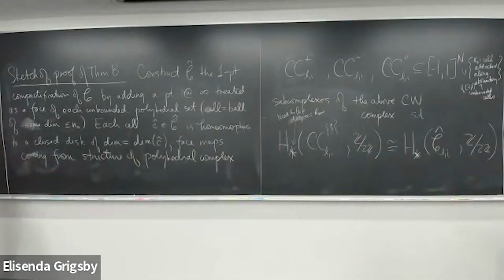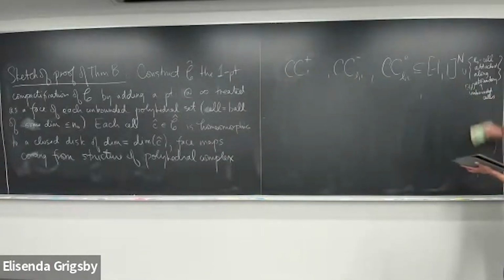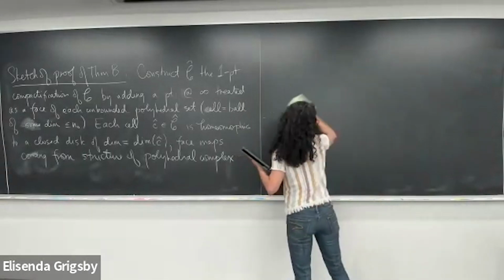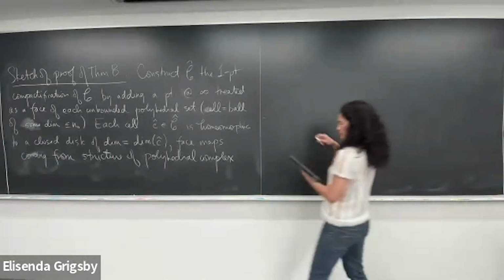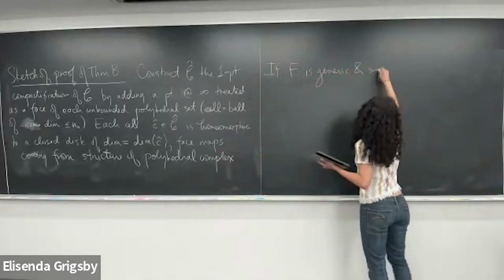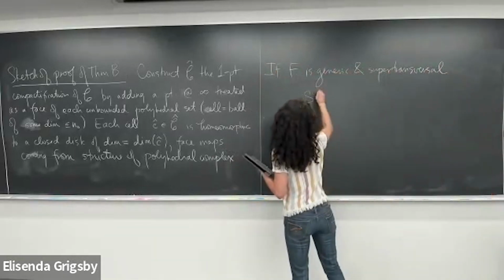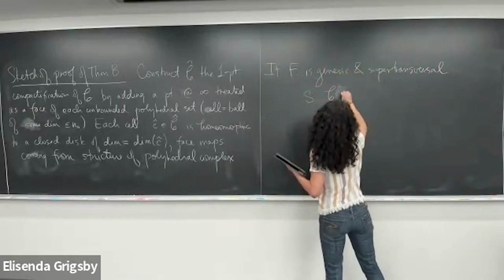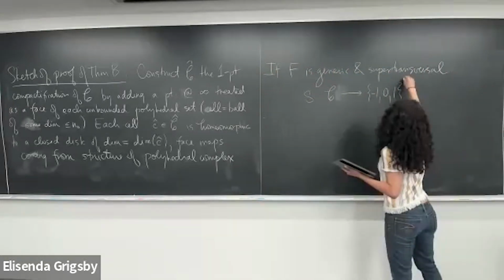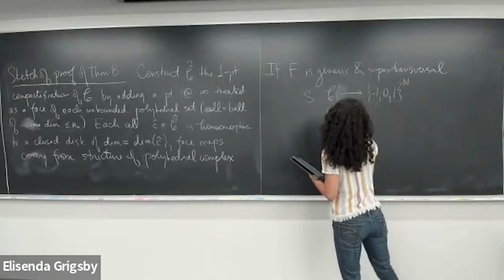Okay, so if F is generic and supertransversal, then you have this map which assigns to each cell of the complex before you compactify some sign, some collection of ternary signs. So I'm C to S of C.